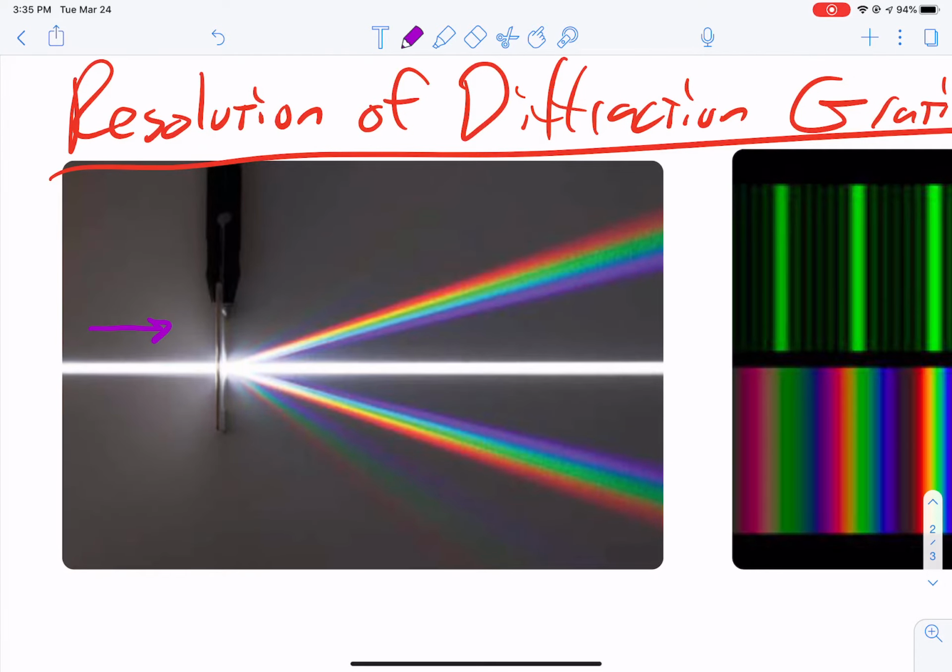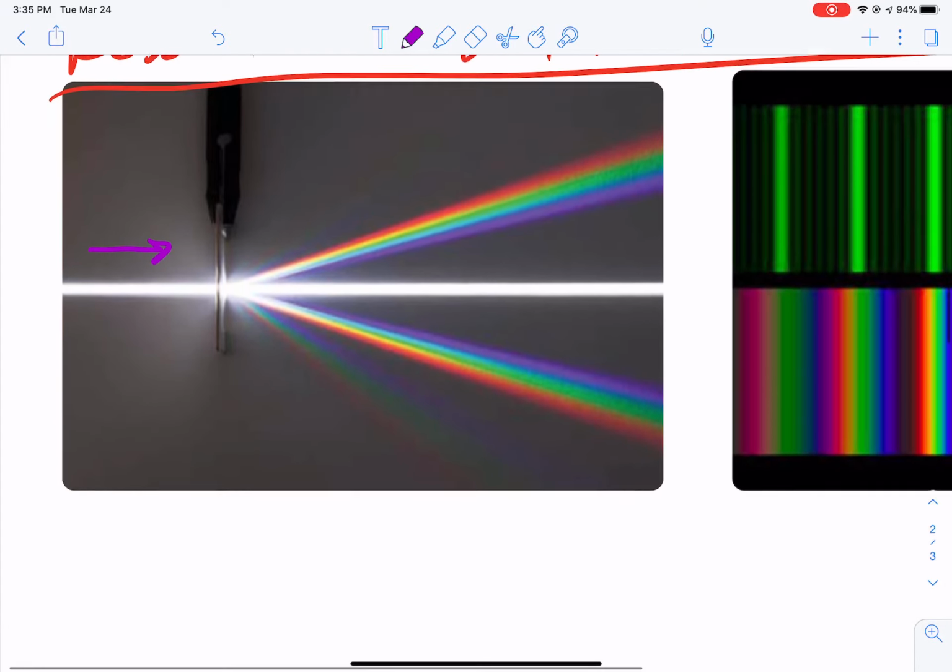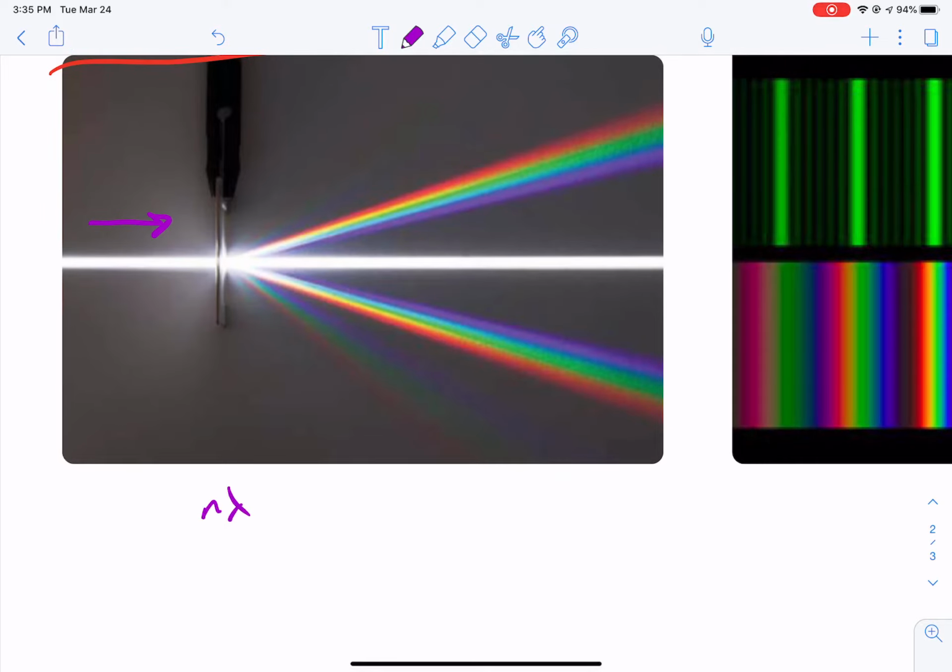Now we've seen in previous chapters equations like n lambda equals d sine theta. It's a lowercase d, sorry. We've had equations where we're able to tell at what angle the particular order, n, of wavelength is being diffracted. And we notice if the wavelength goes up, the angle will go up.